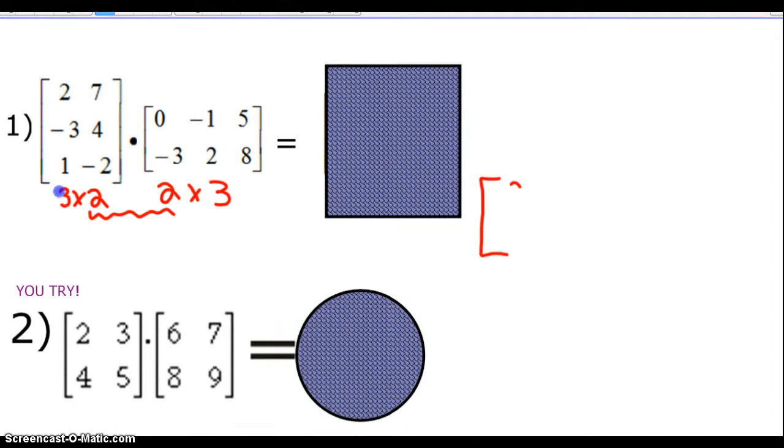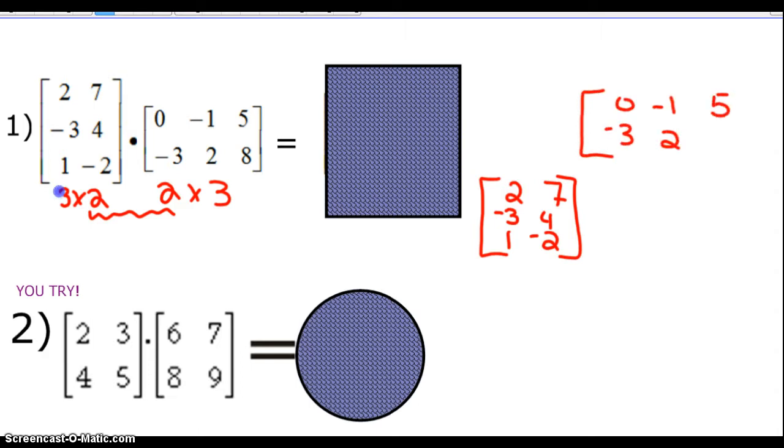So I have 2, 7, negative 3, 4, 1, negative 2. And then up a little over here, I'm going to write 0, negative 3, negative 1, 2, 5, and 8. I'm going to switch colors.